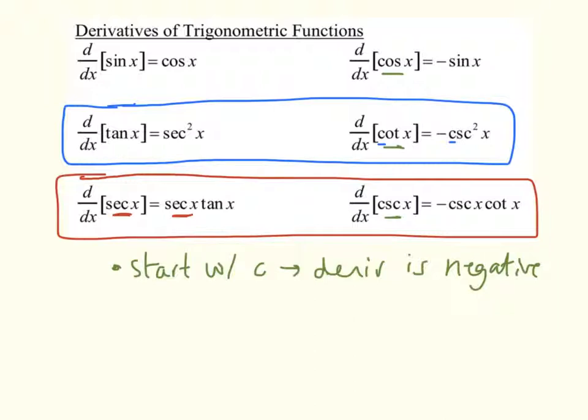So when you take the derivative of secant, you get secant x and then times tangent x. When you take the derivative of cosecant x, you get negative, of course, again, cosecant x and then cotangent x. Like I said, these are just little tricks to help you memorize them, but it's up to you. You have to commit those to memory.